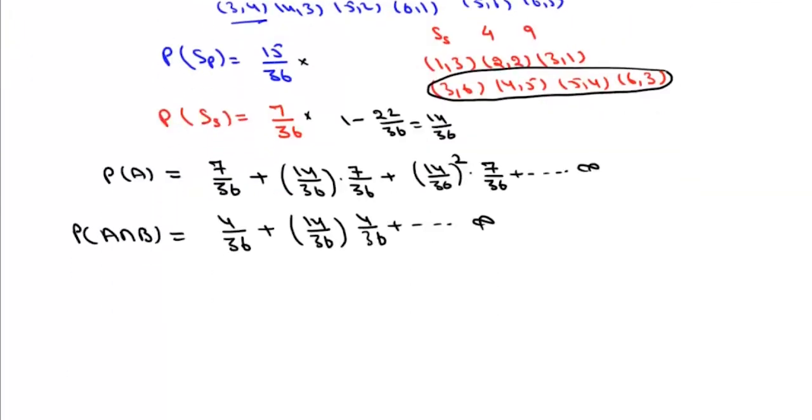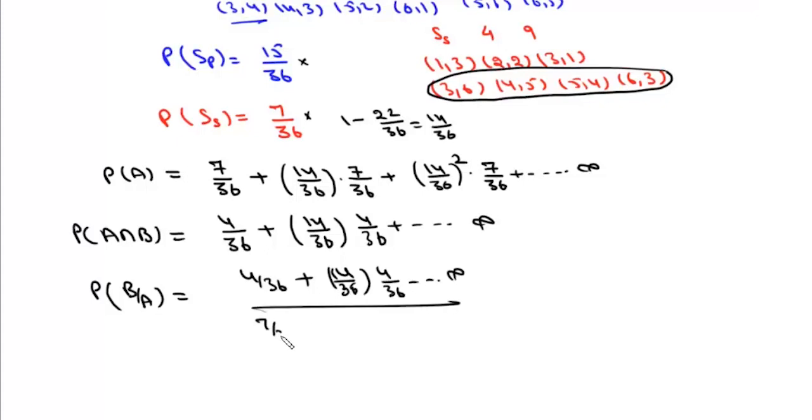So this required probability of B, if A has already happened, it will be this GP 4 by 36 plus 14 by 36 into 4 by 36 up to infinite upon 7 by 36 plus 14 by 36 into 7 by 36 up to infinite.